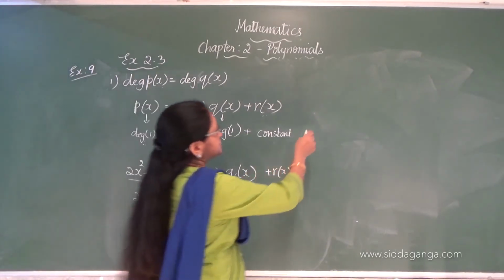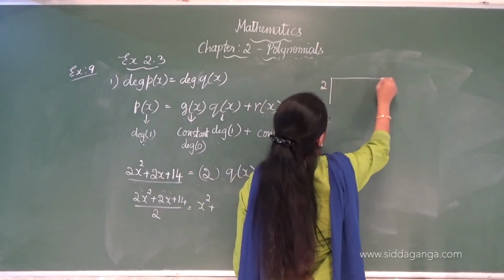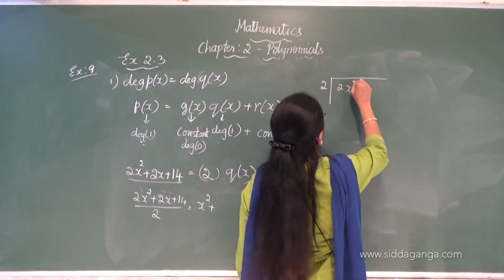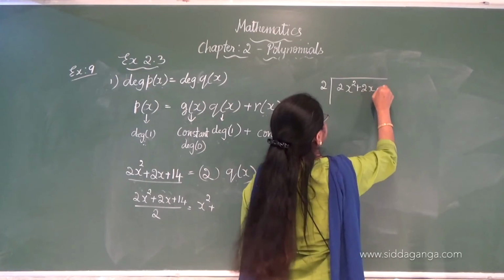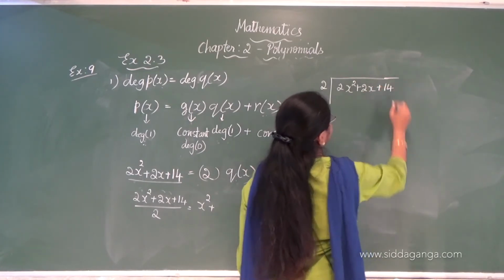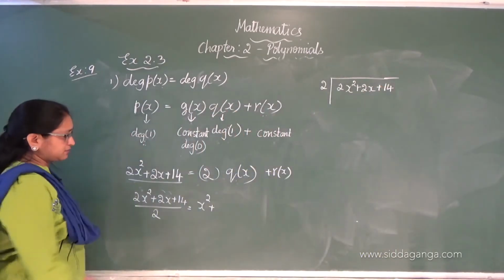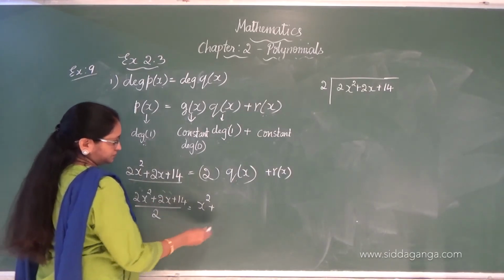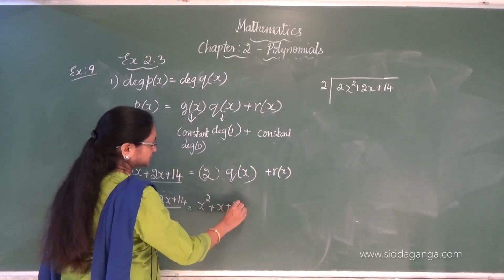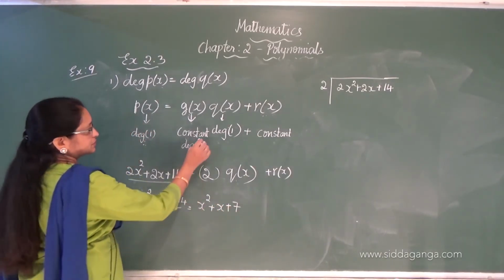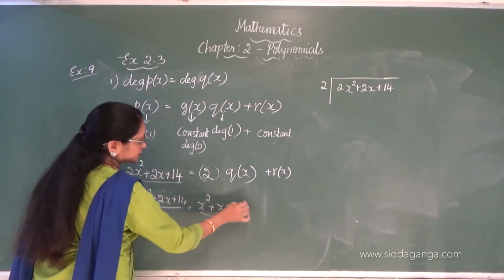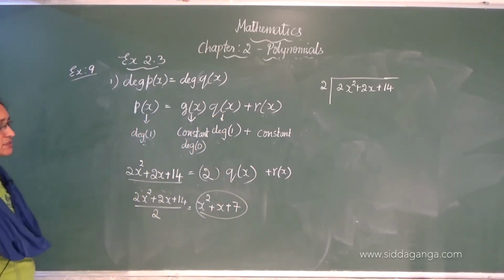Or you can apply this method also, but since it is a simple one, I am doing it here only. See, I got this quotient as x square plus x plus 7.